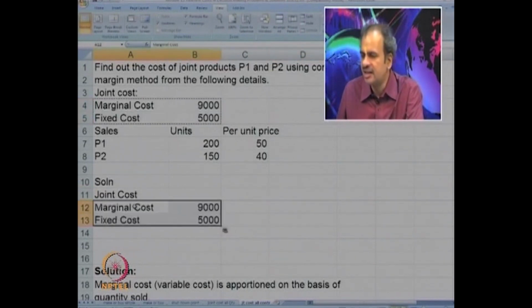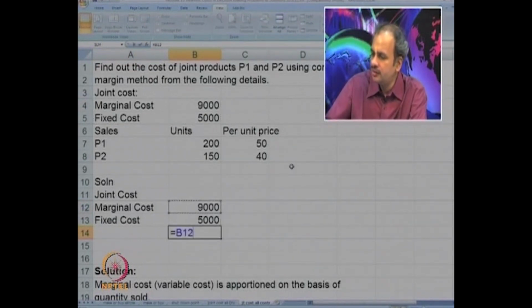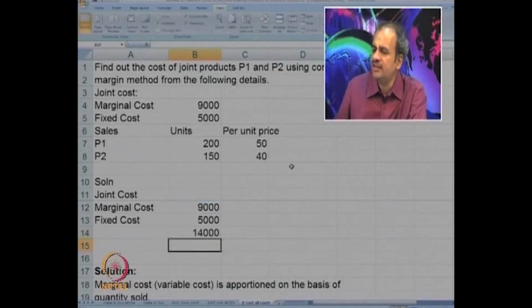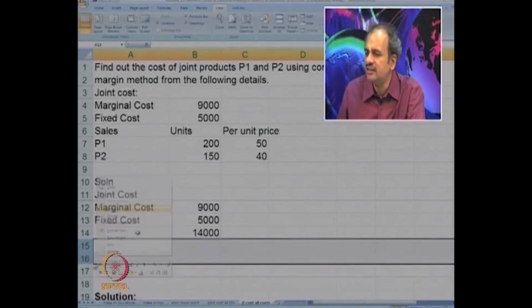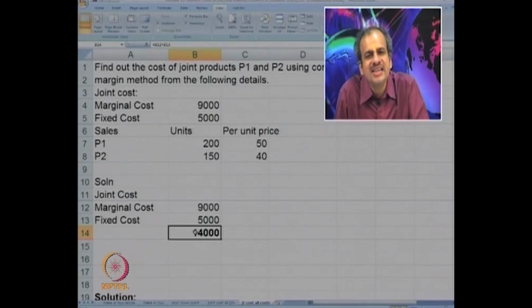So we are given that the joint cost is 9 and 5. If we make a sum, you can readily see it is 14. Now the issue is how to charge this 14. One method which we have already seen is going by number of units.